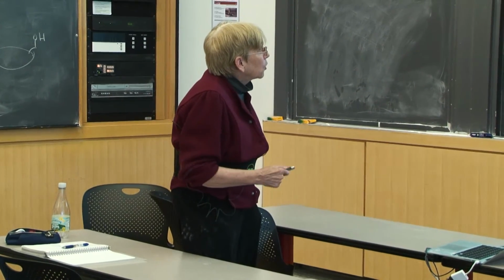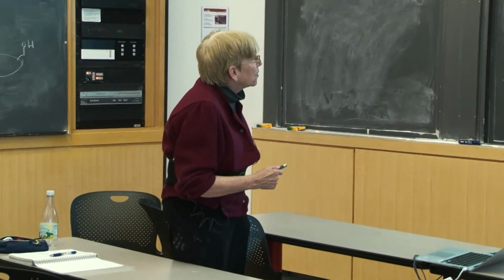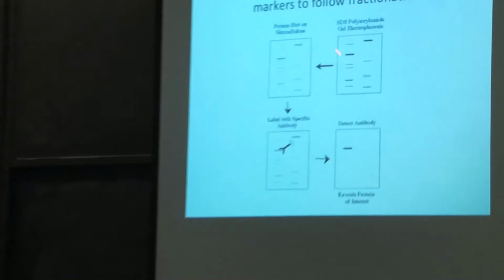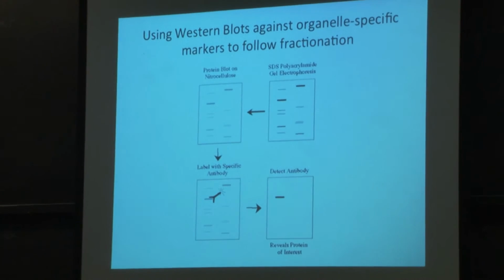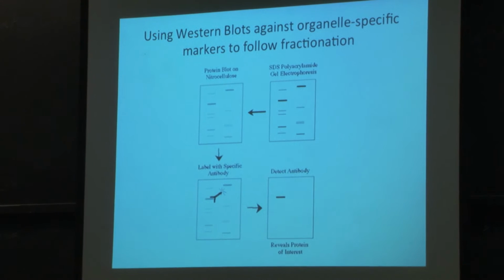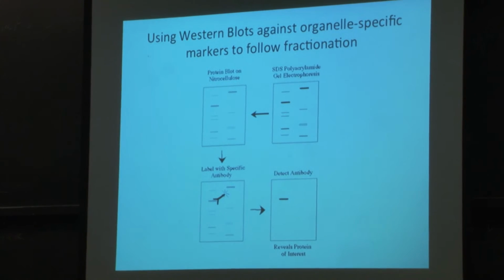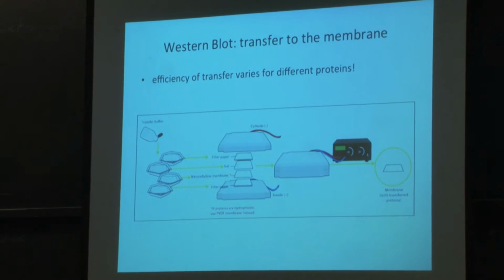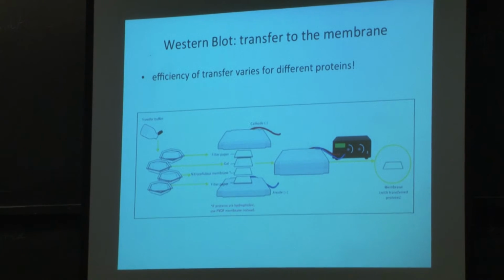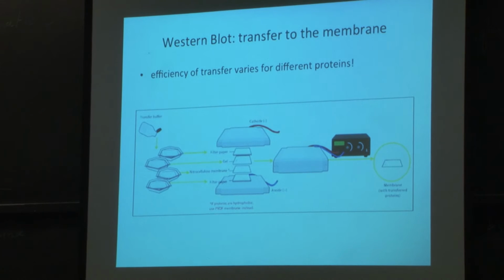So let's look at the apparatus to do this. Okay, so how do you get from here to here? You have a gel, you run the gel, a polyacrylamide gel. What do you do? The membrane on the gel. So you put the membrane on the gel, and what do you do? Okay. You apply charges.